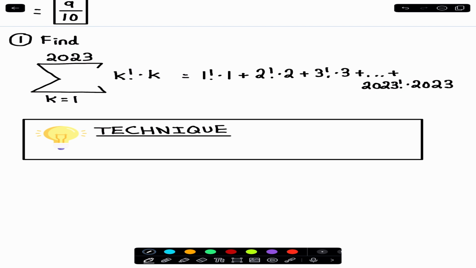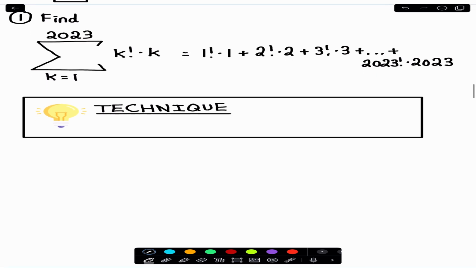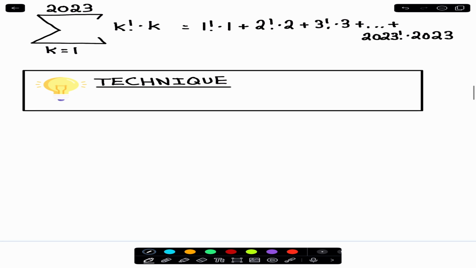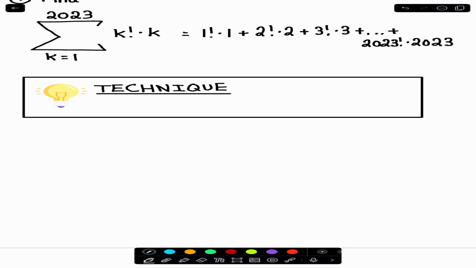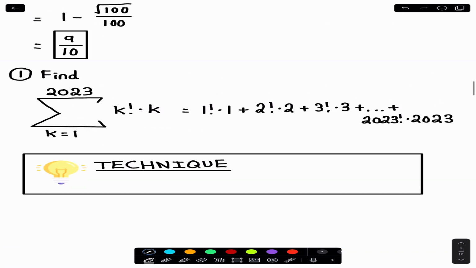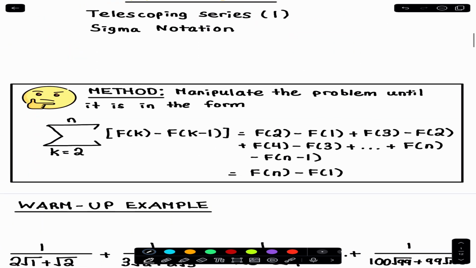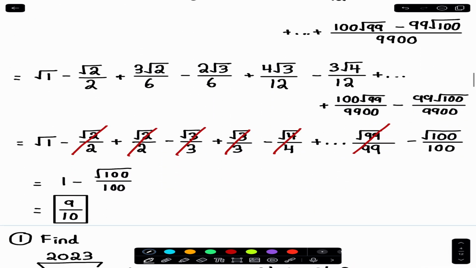At first we might seem stuck, until we remember the power of adding 0. What do I mean by that? Well, in a telescoping series, if we go back to what we're trying to do today, all problems will use something like this. We want a minus sign to get involved, so let's get a minus sign involved.